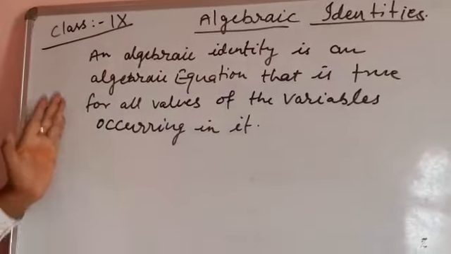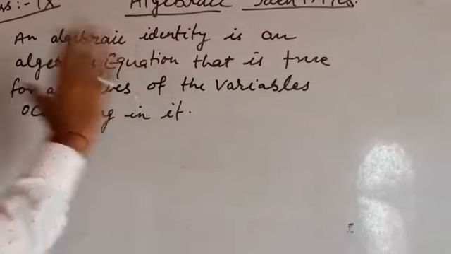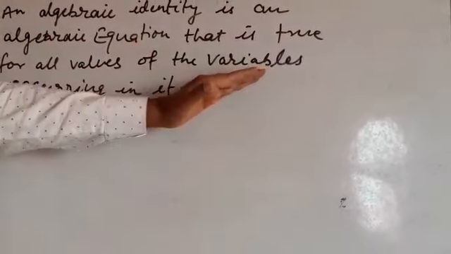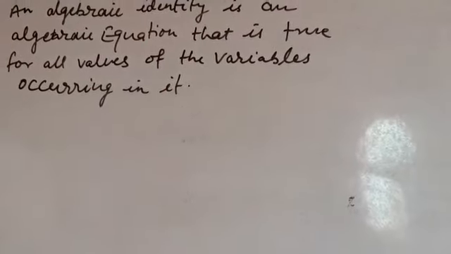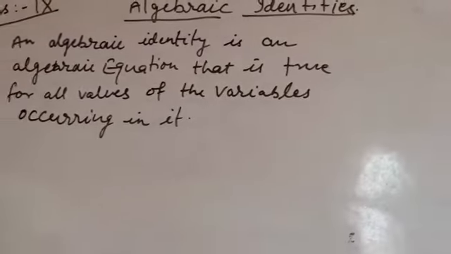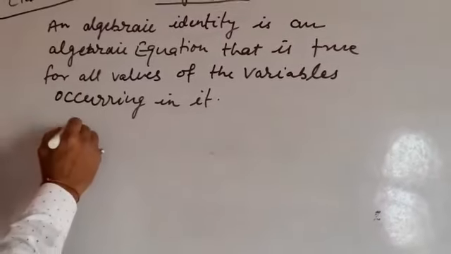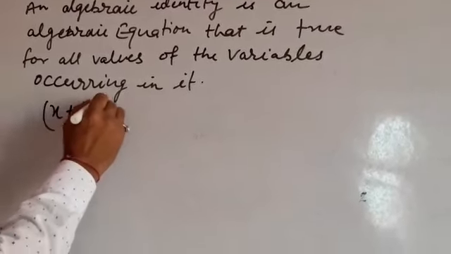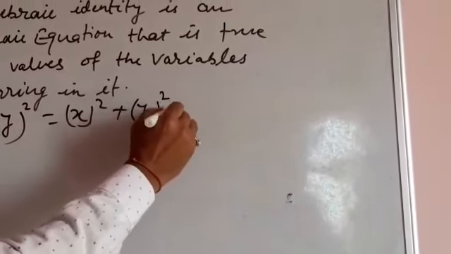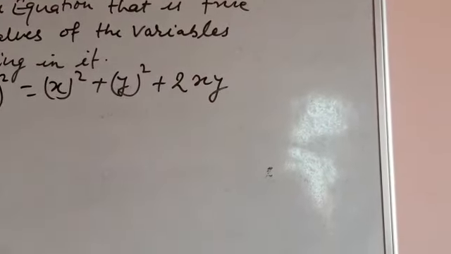So what in fact is it? An algebraic identity is an algebraic equation that is true for all values of the variables occurring in it. Simply, if I write a few algebraic identities which you are used to from class 8th, if I write here (x + y)² = x² + y² + 2xy.